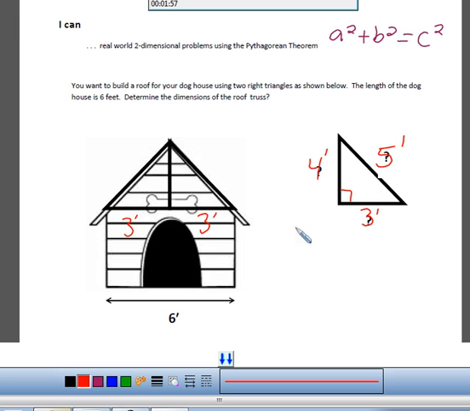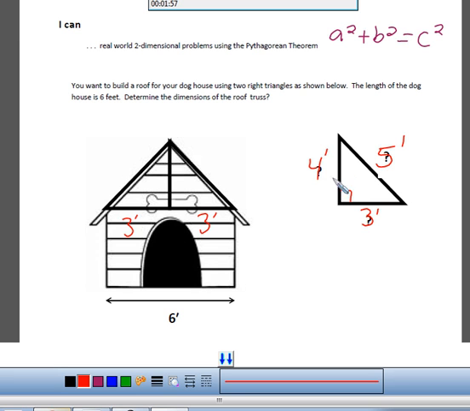I'm not exactly sure if that is what's meant for this problem. There is not exactly enough information to say for sure what the dimensions are, but these could be the dimensions, 3 feet by 4 feet by 5 feet.